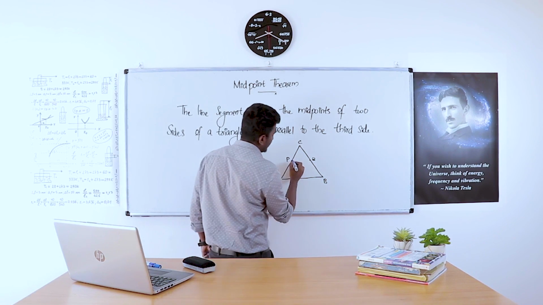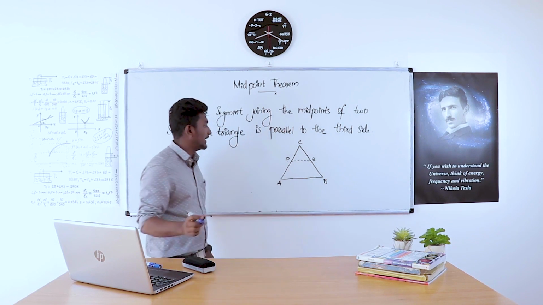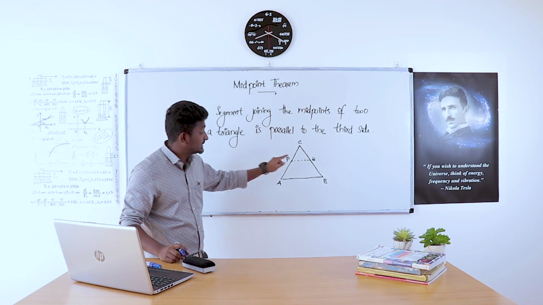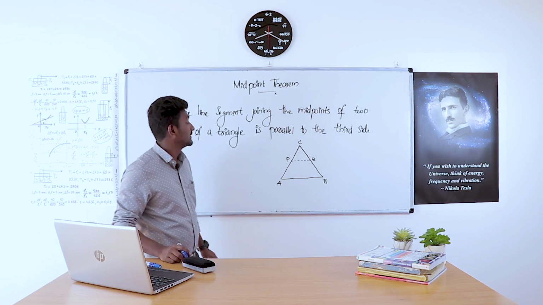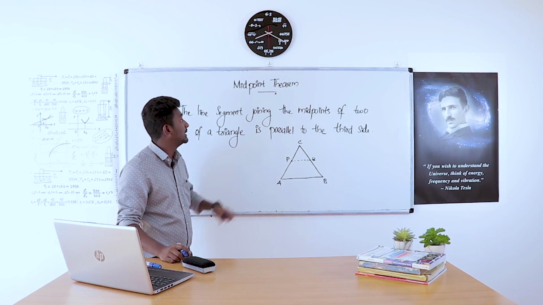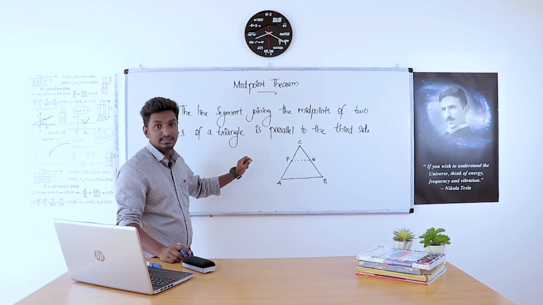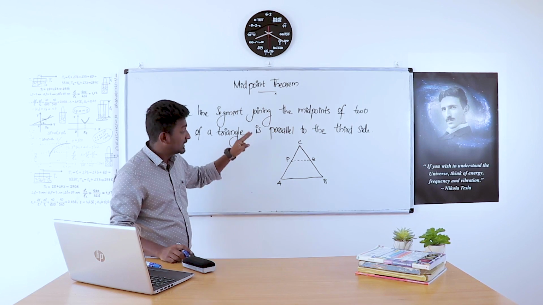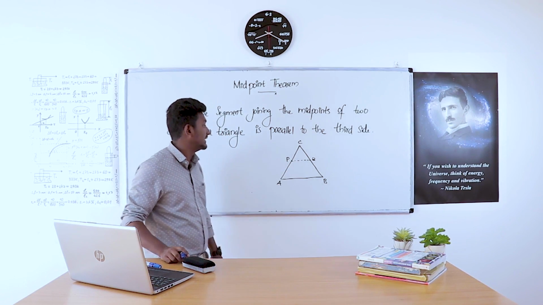When I join PQ, that means midpoint of AC to midpoint of BC, then this line PQ must be parallel to AB. This is the midpoint theorem. If a line segment joins the midpoints of two sides of a triangle, then that line segment is parallel to the third side.